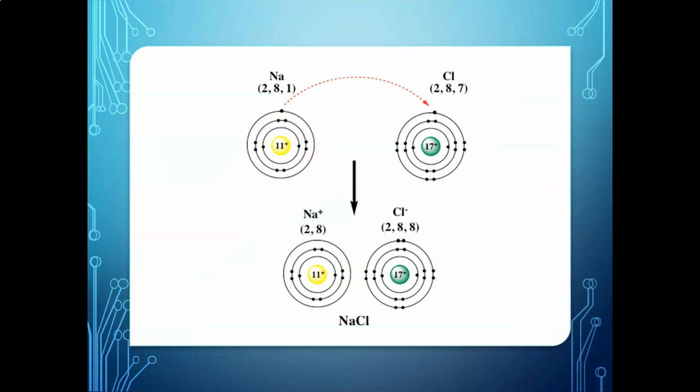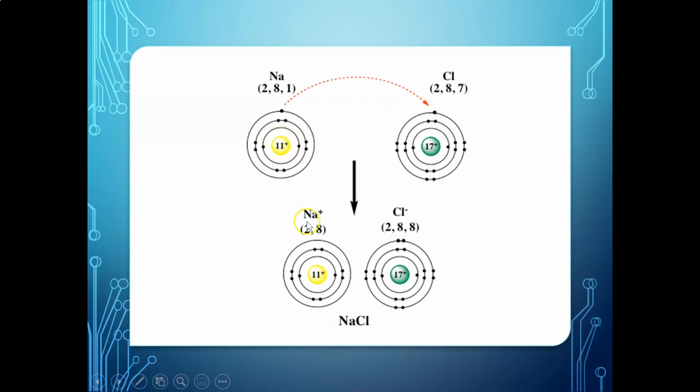Okay, so here we're looking at sodium and chlorine. The sodium atom has 1 electron in its outer shell, and the chlorine atom wants to become more complete. It's already got 7. It wants to gain another electron so that it can become 8. So the sodium loses an electron to the chlorine.